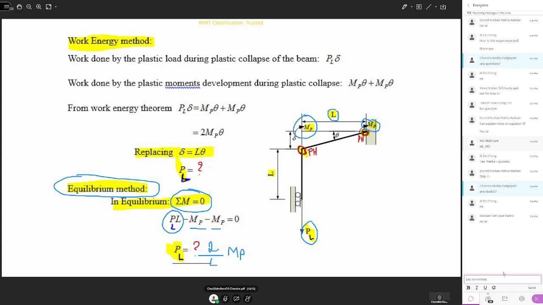All right. Guys, at this point, I would like to tell you about your assignments. Number one, most of the assignments were not presented in a systematic manner. So you need to go through the questions.